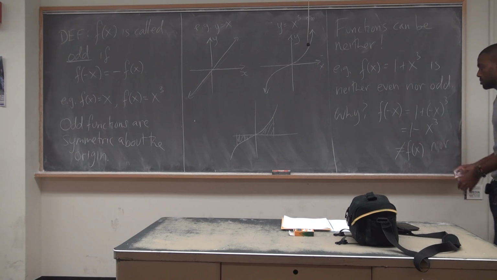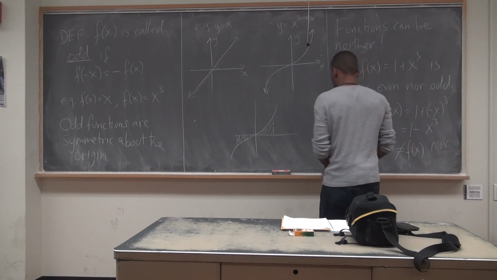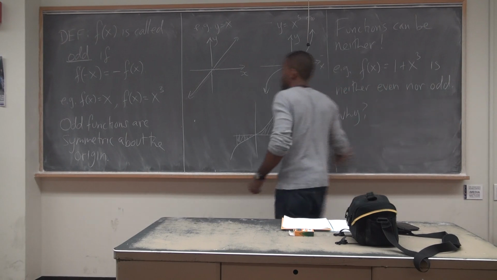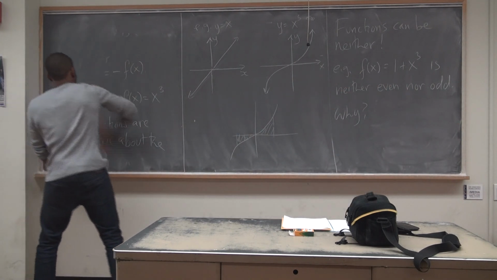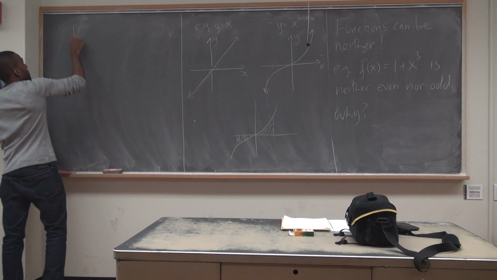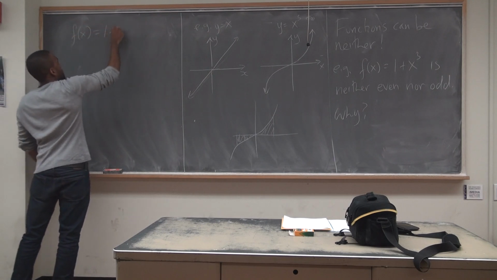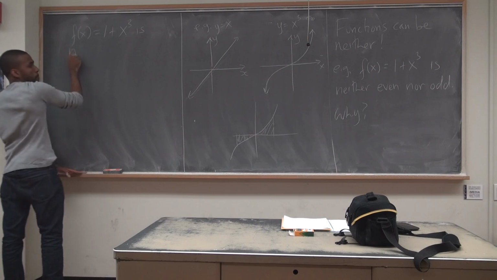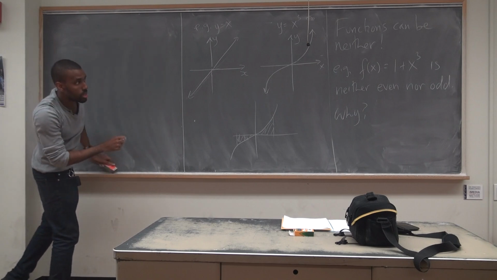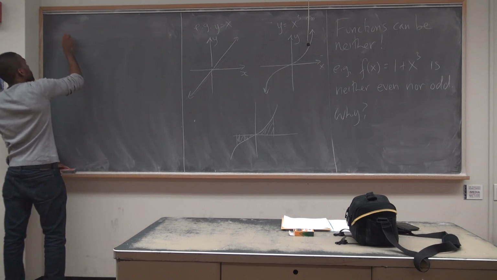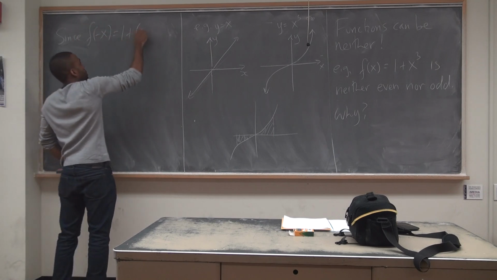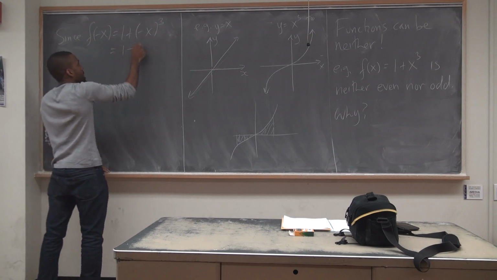nor... let me write that over here. Neither even nor odd, since if I take f of minus x, I would get 1 plus minus x cubed, which is going to be 1 minus x cubed.